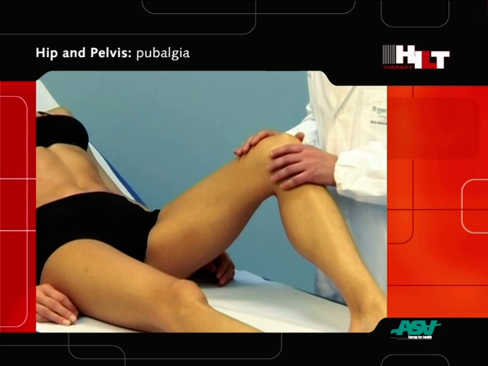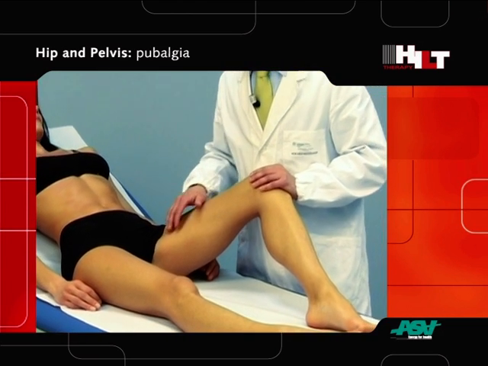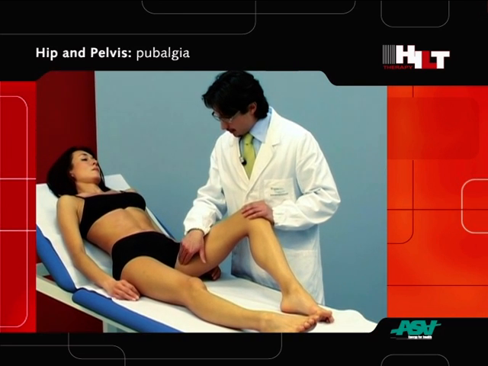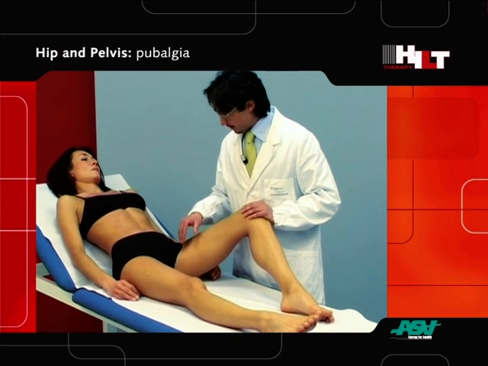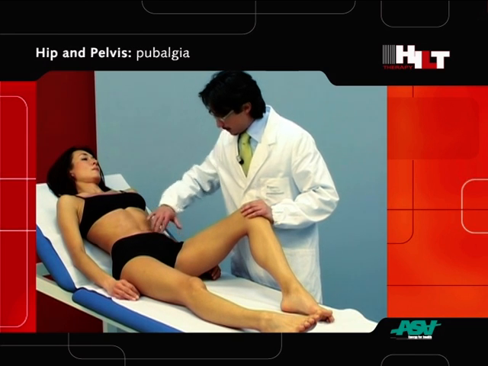The examination of a patient affected by pubalgia consists of assessing by palpation the insertion in order to locate exactly the insertional painful point, both in the adductors and in the recti abdominis, in the pubis.